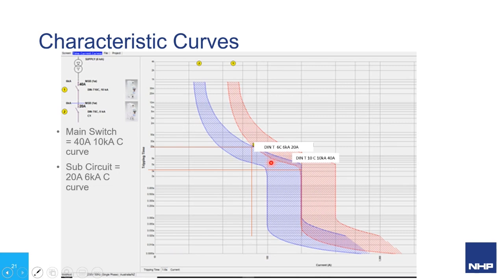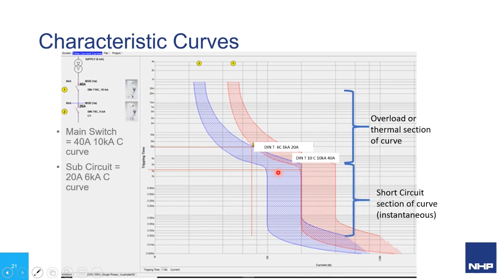We see here the thermal or overload section of the curve, and shown here is the short circuit section of the curve or the instantaneous section. The example shown here is a single phase domestic type scenario where the upstream is a load center main switch of 40 amps C curve, and the downstream is the final sub-circuit 20 amp C curve.